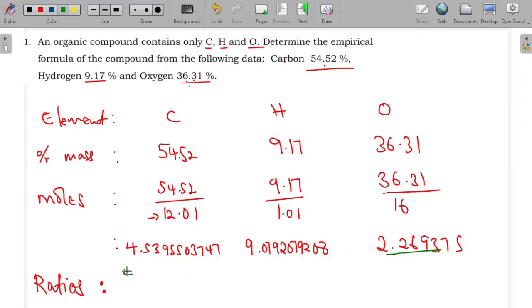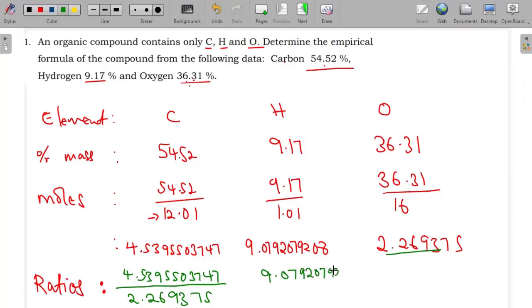So it will be 4.5395503747 divided by the smallest number of moles, this one as well, we divide by the smallest number of moles, 2.269375. And then this one, we divide it by itself.